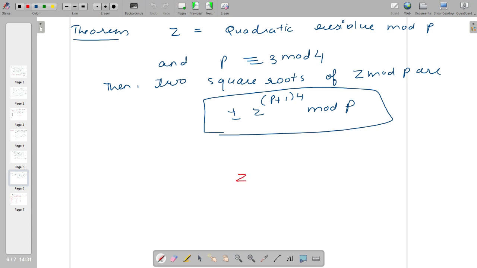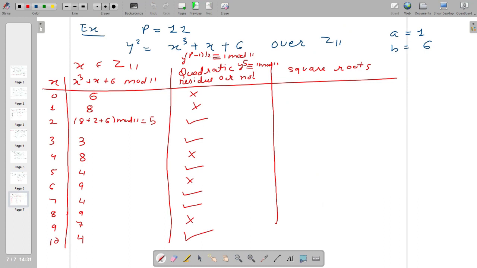It will be y equals the number to the power (11 plus 1) divided by 4 mod 11, so 12 divided by 4, which means 3 mod 11. When we calculate it for 2, it will be 2 to the power 3 mod 11.